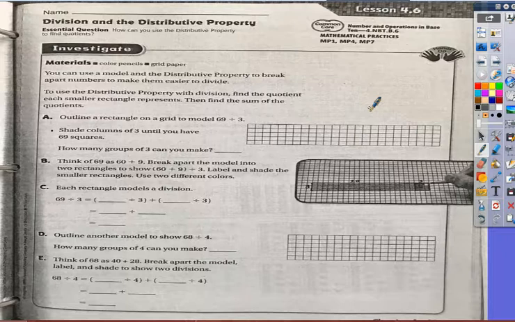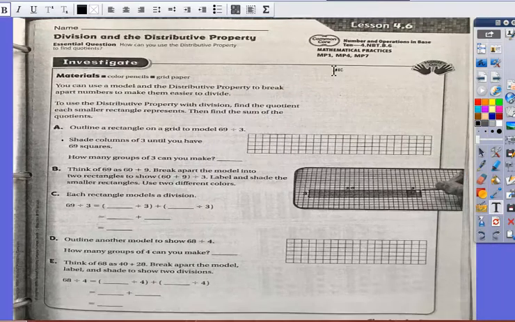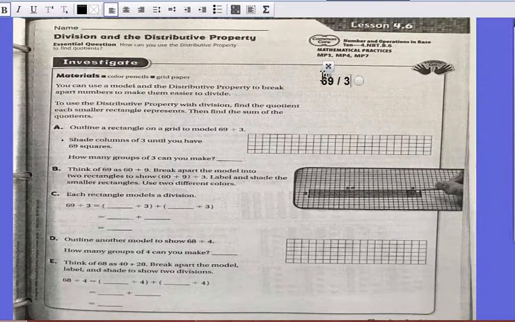The first thing is I'm going to work on 69 divided by 3. I'm going to use multiplication to help me figure this out. 3 times what can get as close as I can to 70? 3 times 3 is 9, so I can't do that.